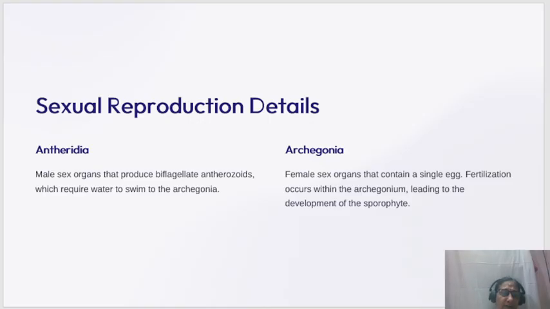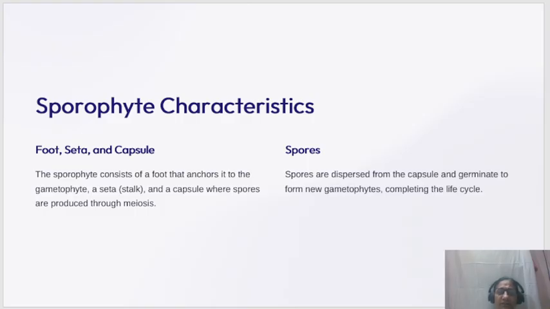The sporophyte consists of the foot, seta, and the capsule, where the foot is for anchoring and the seta is a stalk-like structure, and within the capsule are present the spores. The spores are dispersed from the capsule and germinate to form a new gametophyte, which we call a protonema, thereby completing the life cycle.